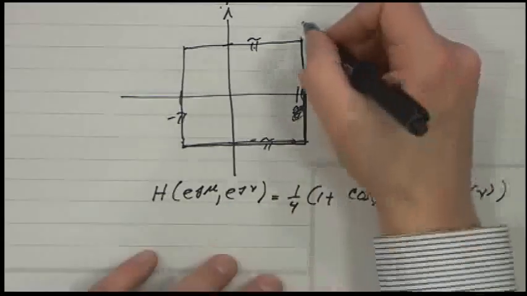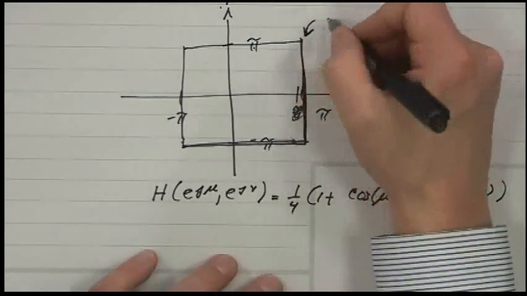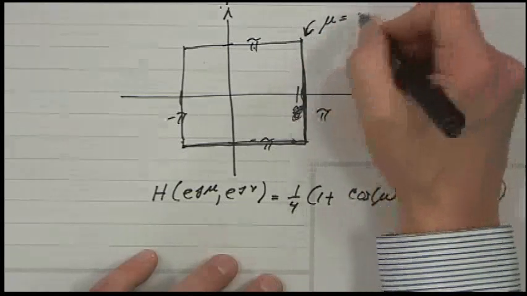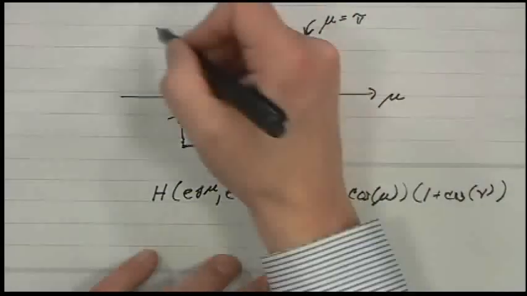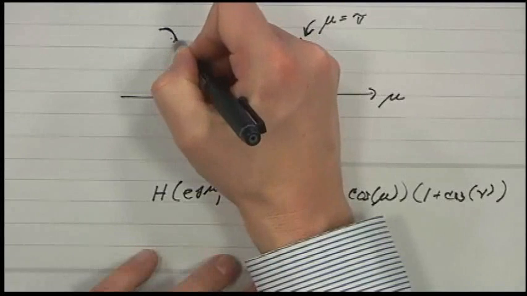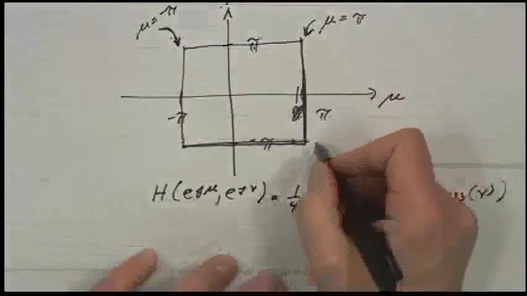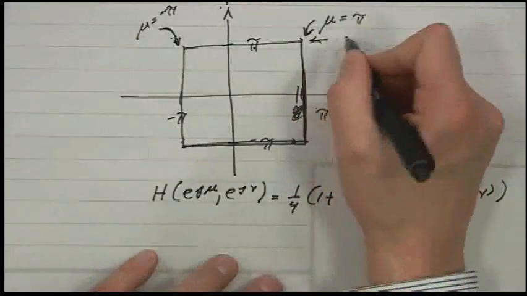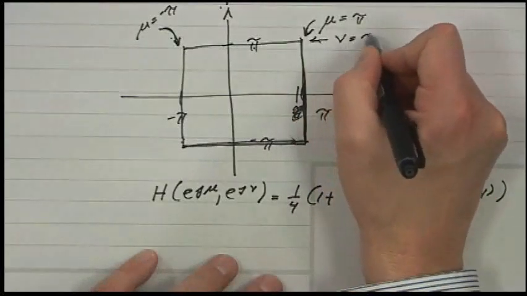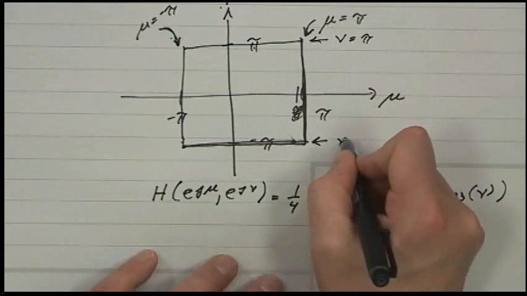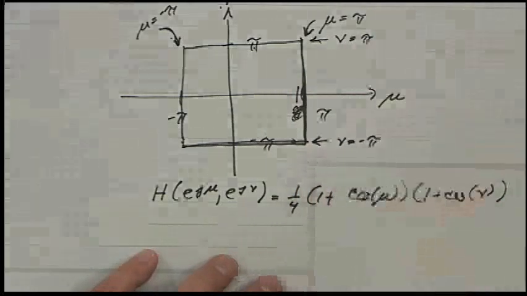So over here, this is mu equals pi. This is mu equals minus pi. This is mu equals pi, and this is mu equals minus pi, right?